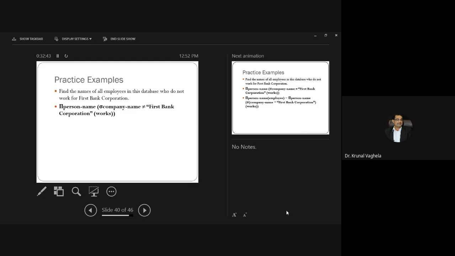No, this is one answer. But the second answer is set difference. All the employees minus who work for First Bank Corporation. All the employees who work for every company minus who work for First Bank Corporation.